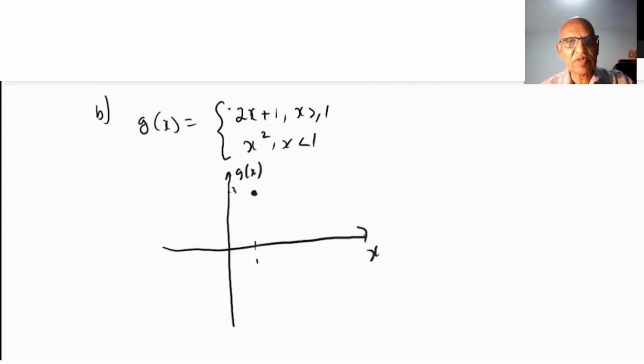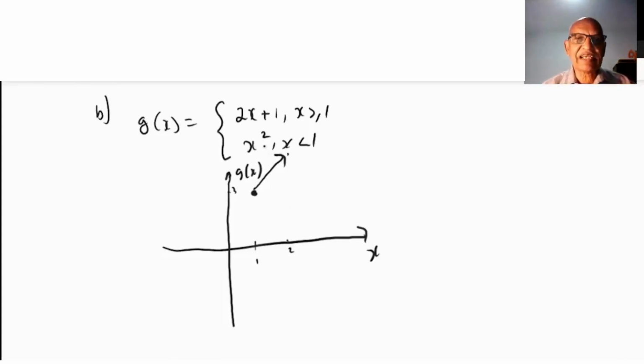Since the slope is positive here and the intercept is here, I take any number more than 1. Any number I can take, like if x is 2, 2 times 2 is 4, plus 1 is 5. So this is 2, this is my graph.